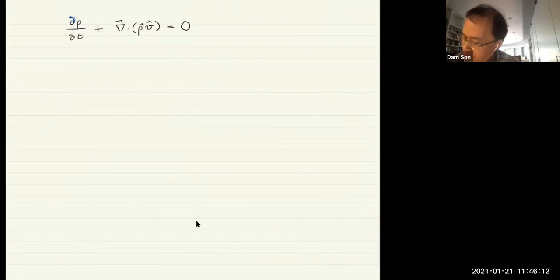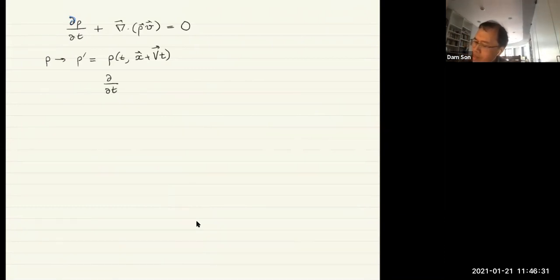Here rho moves to a new rho prime, which is equal to the old rho, but evaluated at x plus vt. That means when I take the time derivative, d over dt of the new function rho prime is like d over dt of the old function, but this dt can act either on this t or this t.